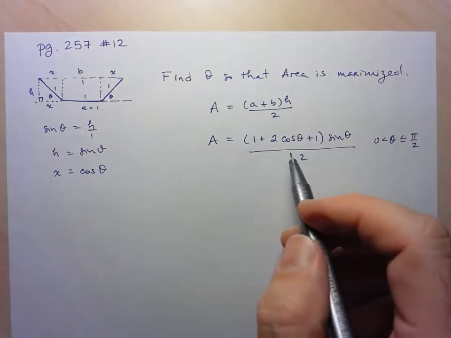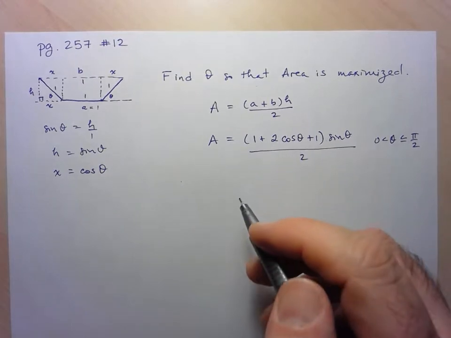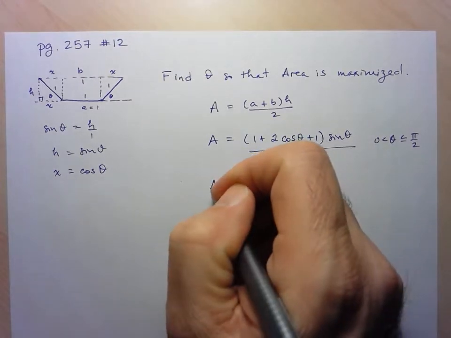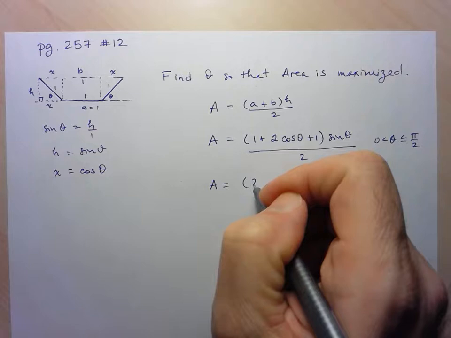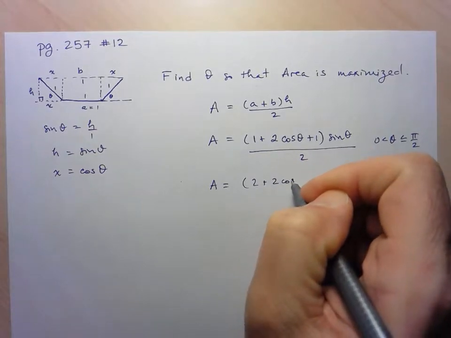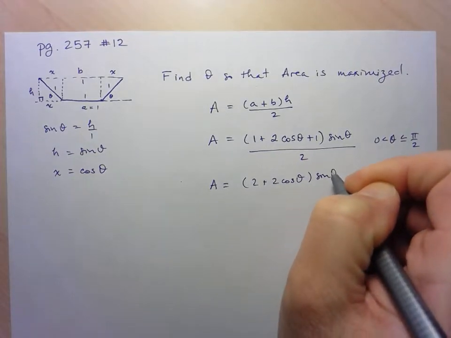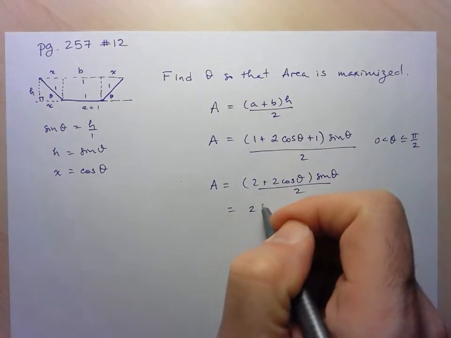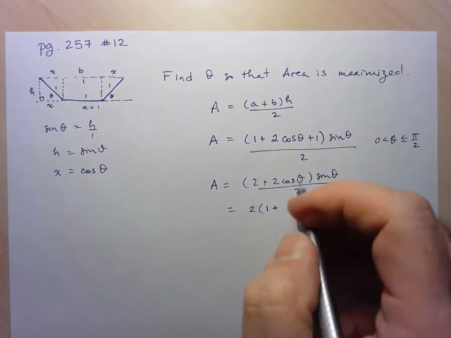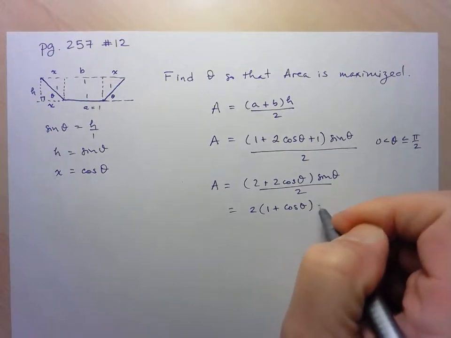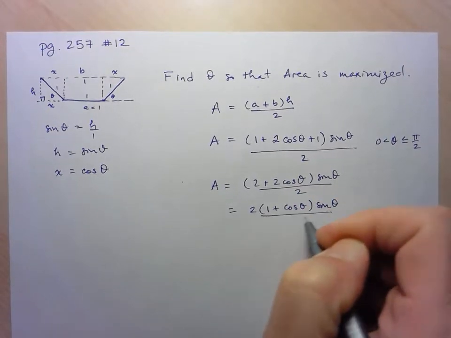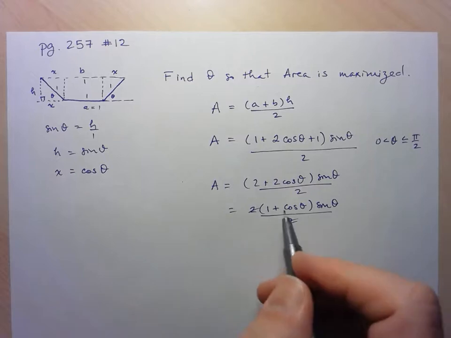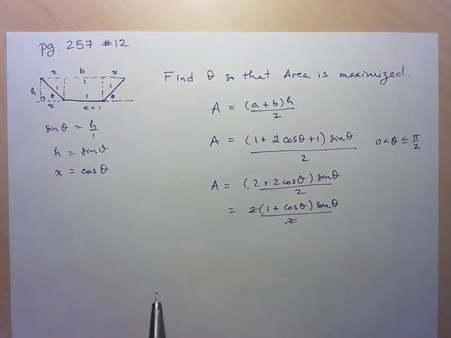It's worth simplifying this before we go ahead and take the derivative. This becomes (2 plus 2 cos theta) times sine theta over 2. I'm going to factor out the 2 here because some nice stuff will then happen. The 2's cancel out, and I'm just left with (1 plus cos theta) times sine theta.